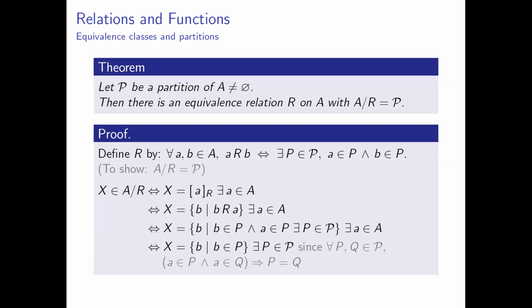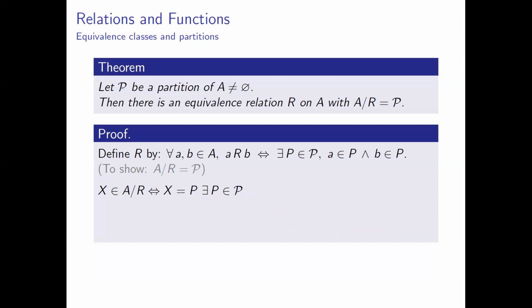Thus, the above statement is equivalent to the condition that X is equal to the set of all elements b contained in some subset P in the partition. In other words, X is equal to some subset P in the partition, which is equivalent to X being an element of the partition. This proves that A modulo R is equal to the partition P, which completes the proof of the theorem.